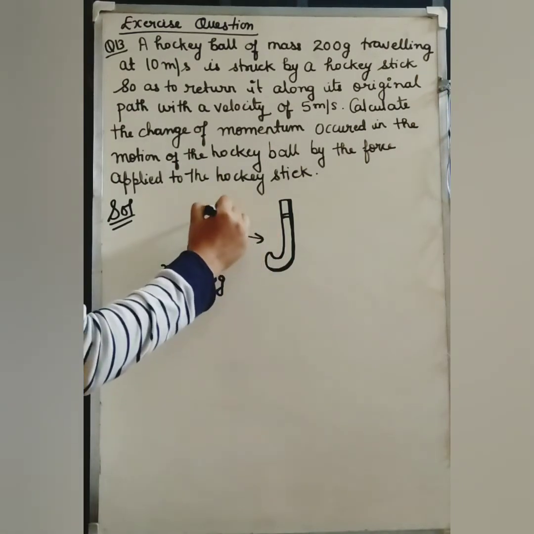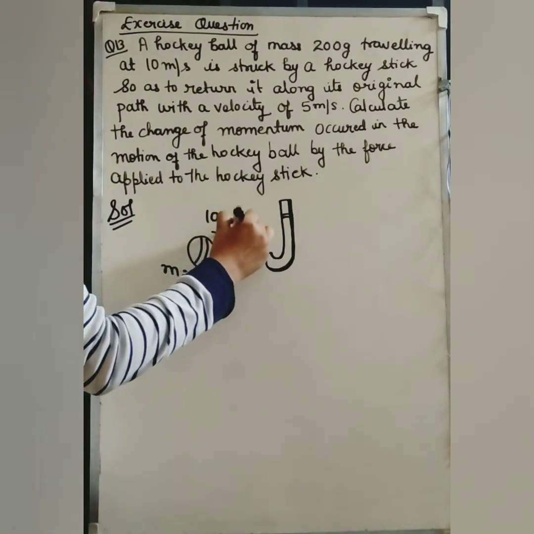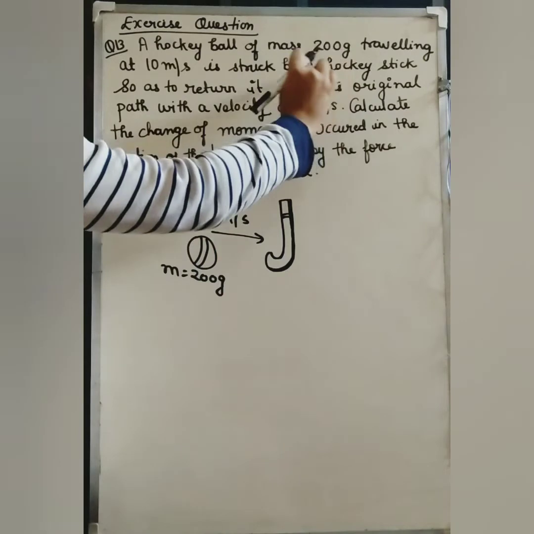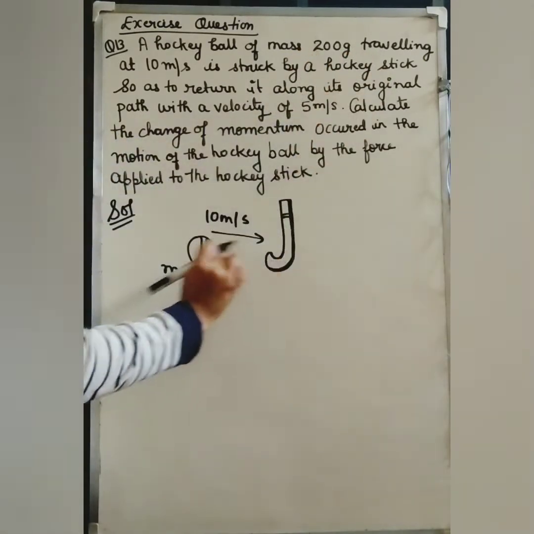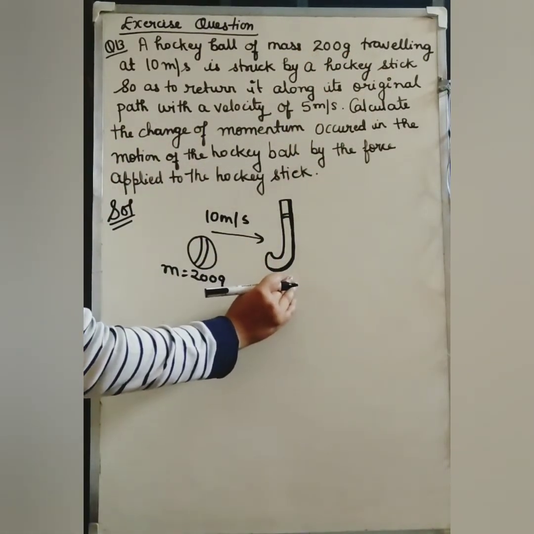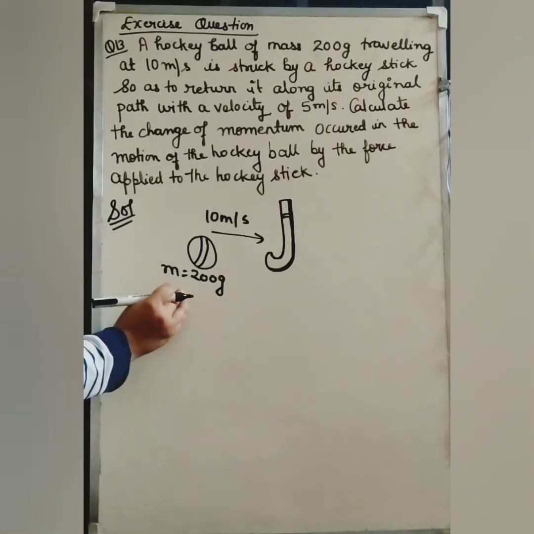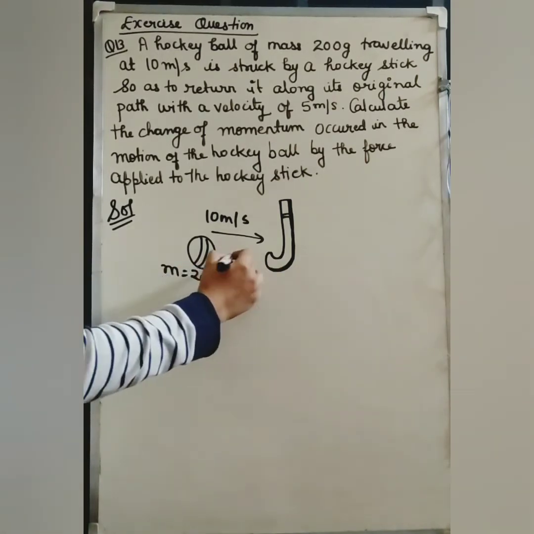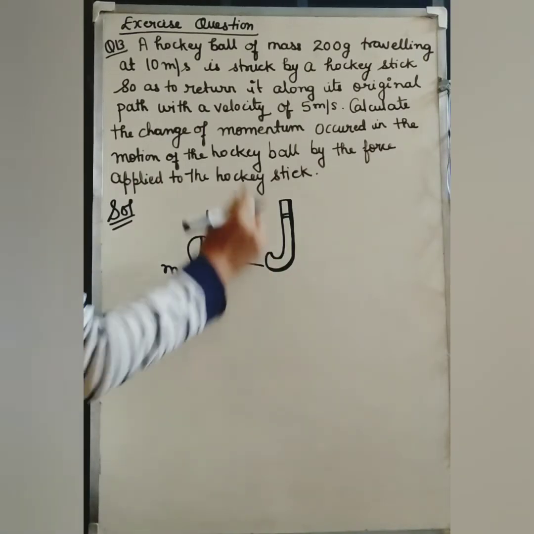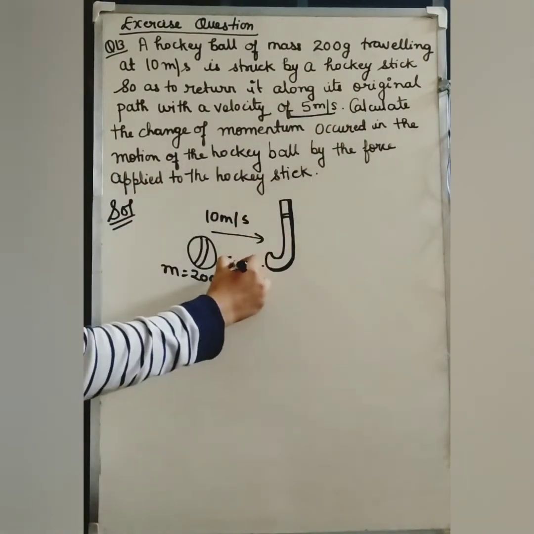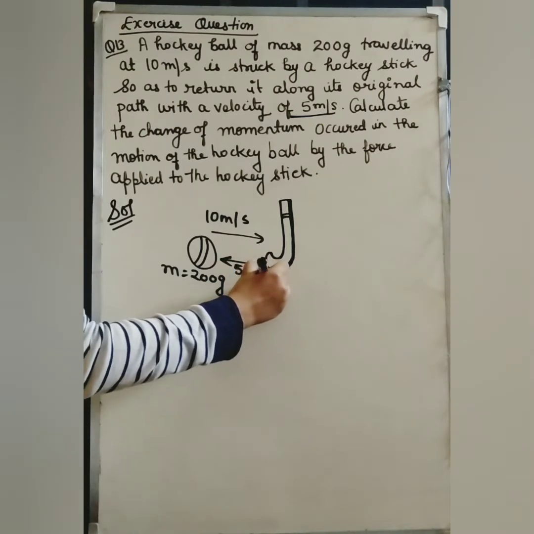Initially it is moving with a speed of 10 meter per second and is struck by a hockey stick. It strikes the hockey stick, and after striking it returns back along its original path, but now with a different velocity, and that is 5 meter per second.